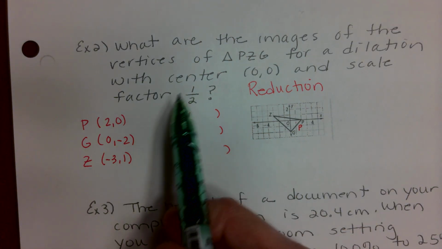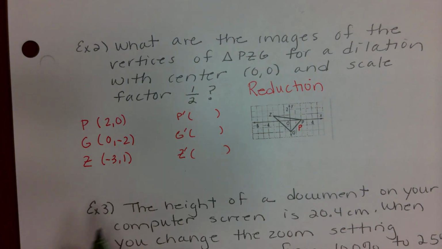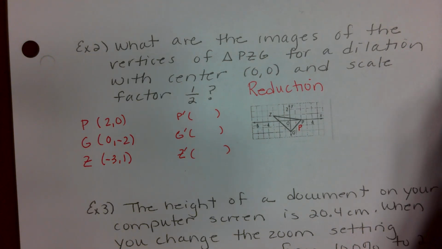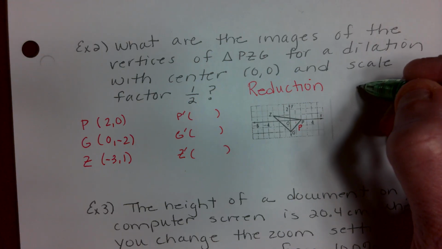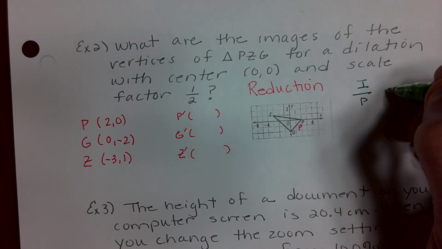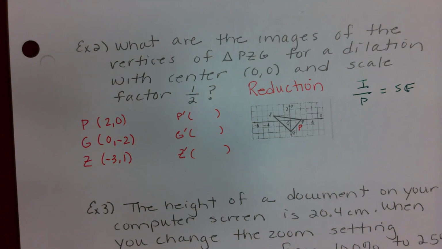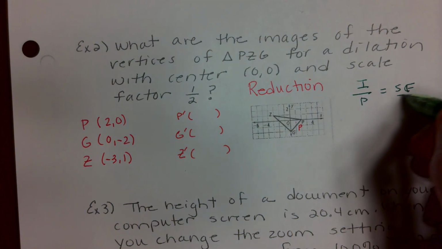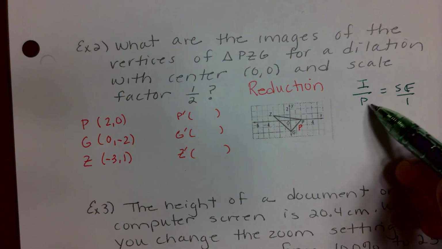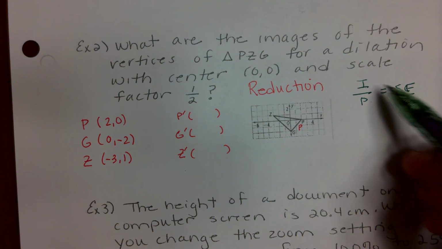We are going to multiply them by the scale factor, because before, we took the image divided by the pre-image, and it gave us the scale factor. So let's just talk math for a minute here. Image divided by pre-image equals scale factor. I can think of this as a proportion, so I can multiply these and multiply those.